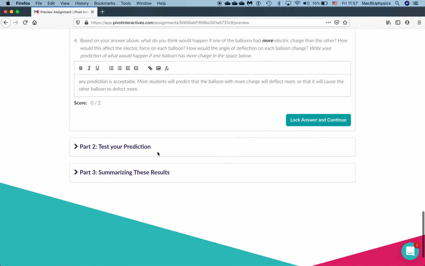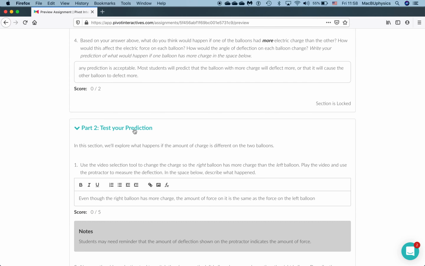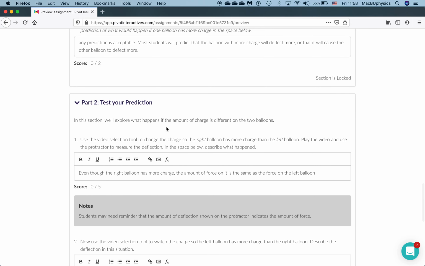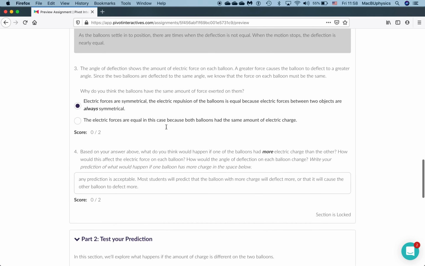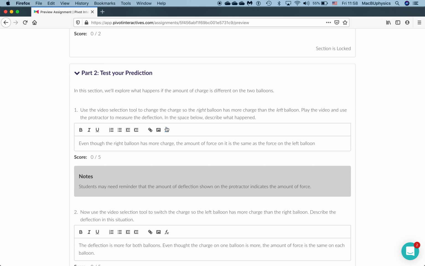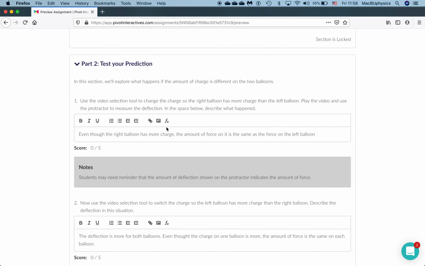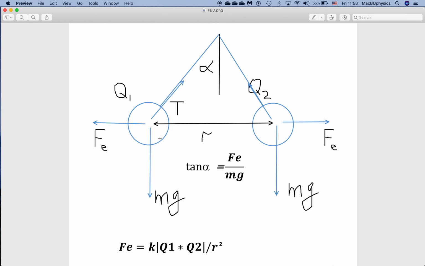And then you play with the video like we did, and you can see that the deflection on the left and deflection on the right is always practically the same. So if we make the charge stronger, the force becomes stronger than before, but the force becomes equally strong for both charges.